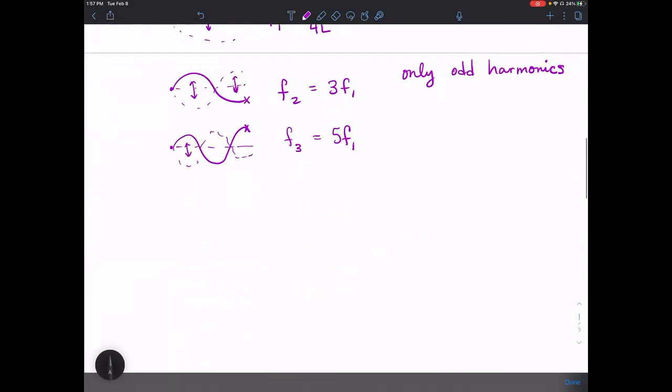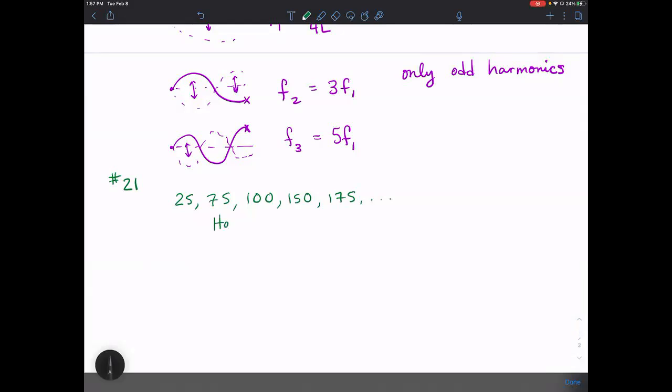Number 21 then is talking about lists of frequencies. So if I had a frequency list like 25, 75, 100, 150, 175, or something like that, the question is, are those harmonic or not harmonic partials?